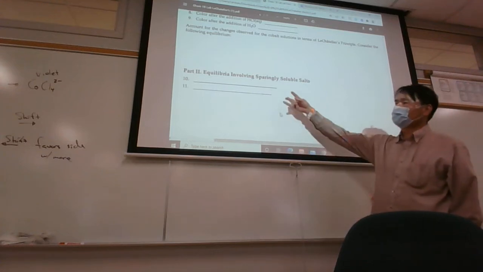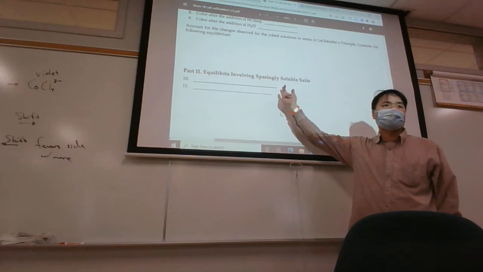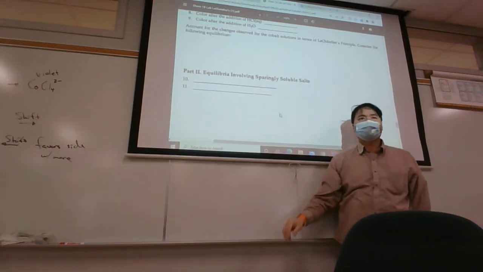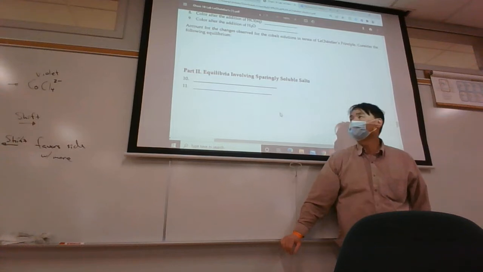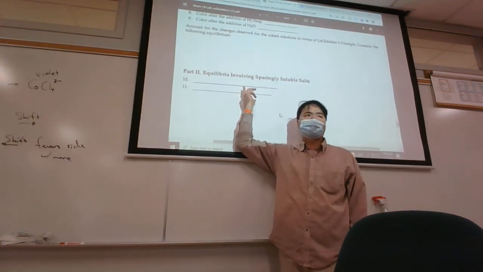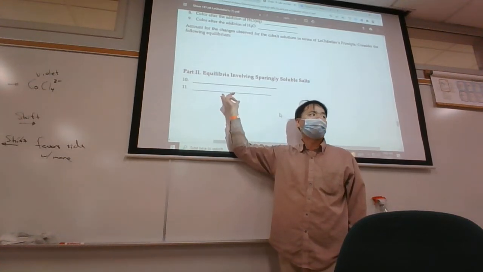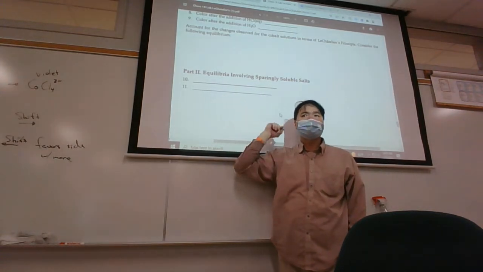It said they wanted the observations here. What do you guys put for observations for number 10? Milky white color. What was it? Solid, liquid, gas? Milky white precipitate. So here you would just say milky white precipitate, something like that. 11? CCS, clear colorless solution.